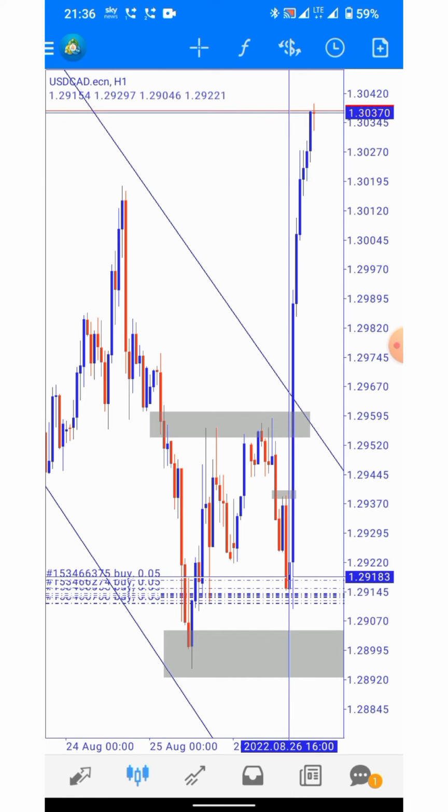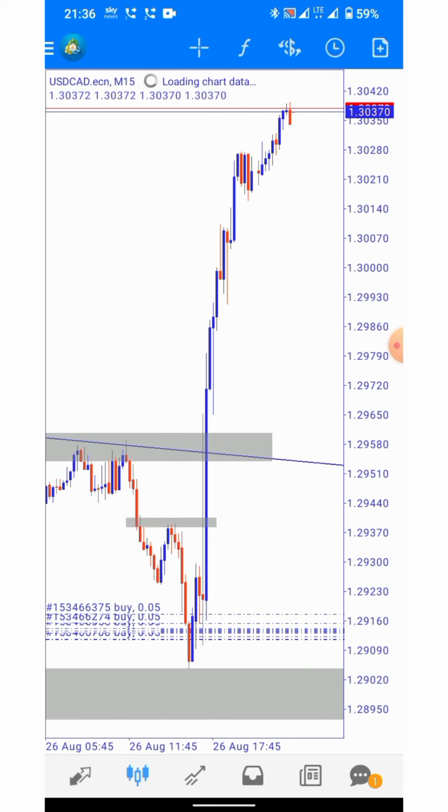Then I started observing some weakness on my 15-minute time frame, and I was also checking all other USD pairs. I saw there is a high chance that USD might gain strength, and we are also anticipating news this afternoon on USD.